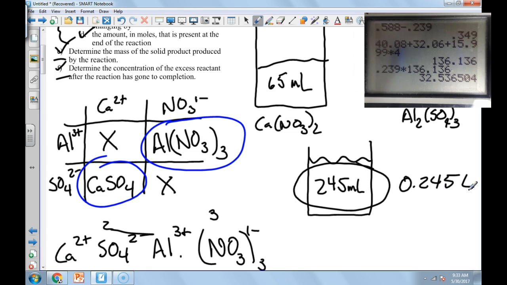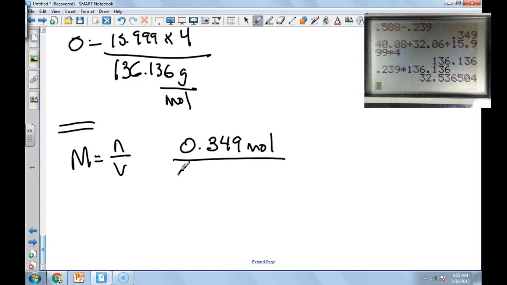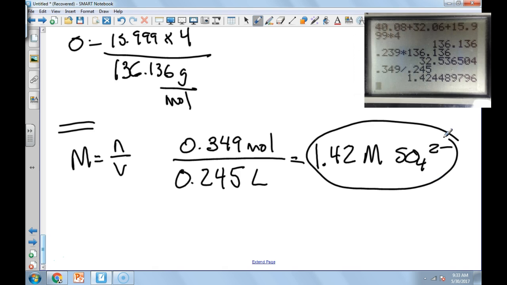Okay, so that's how many liters of solution there is. So we come down here, we go 0.245 liters, and so we go 0.349 divided by 0.245, and we get a molarity of the leftover stuff as 1.42 molar SO4 2-. Yeah, that's cool.